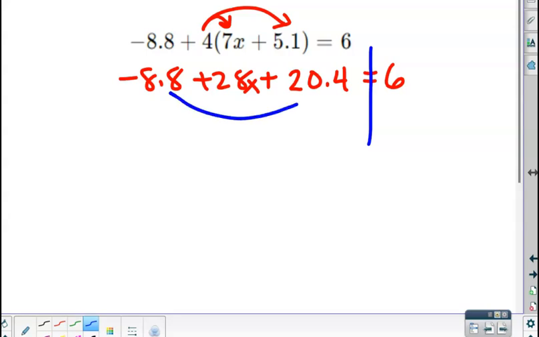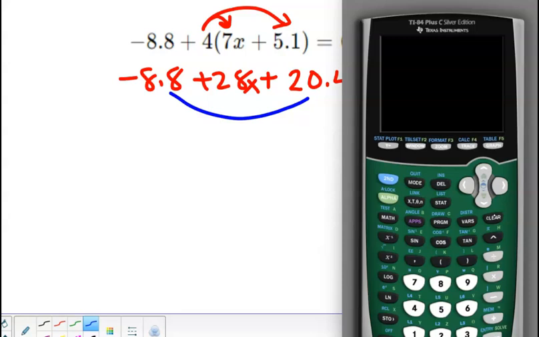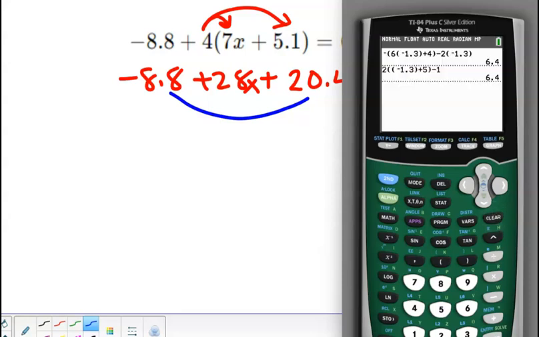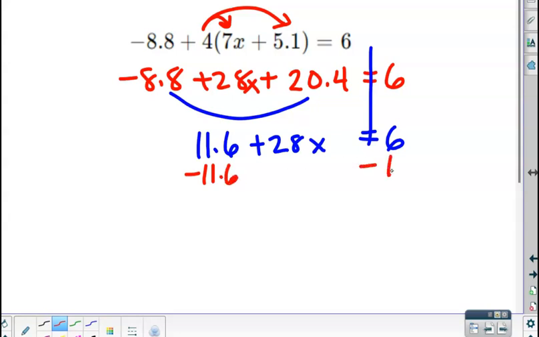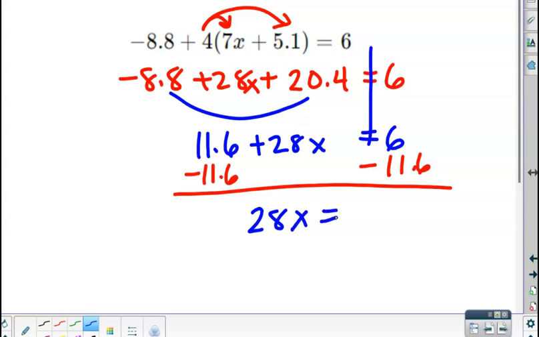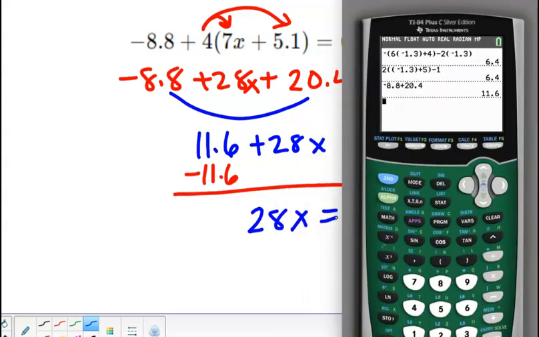So we're going to combine the constants. And I'll use my handheld calculator here. I'm going to do -8.8 and plus 20.4. I get 11.6. And then I'm going to subtract 11.6 from both sides. 6 minus 11.6.